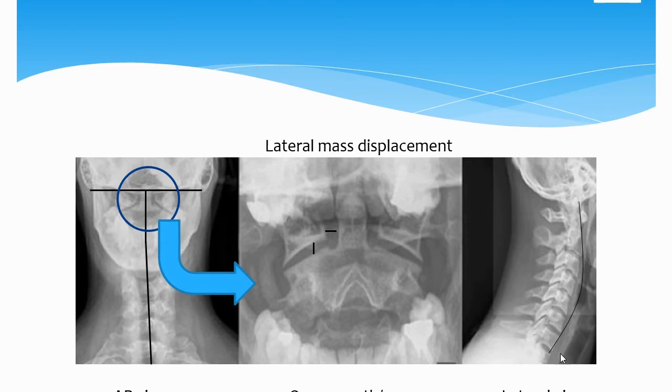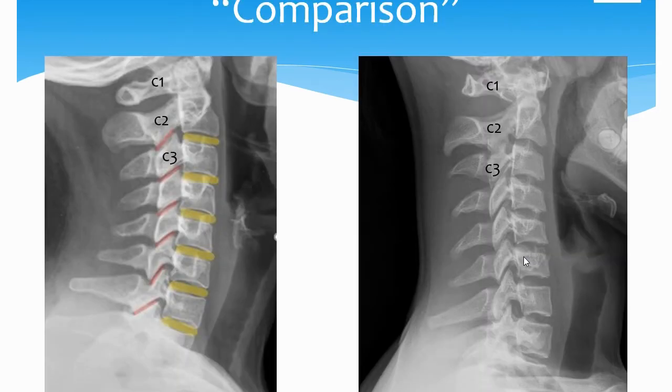Here is the lateral view. We have the line right here, which is associated with the curvature of the cervical spine, and there are different ways of looking at that curvature. If you look at the cervical spine lateral view, there are several things that are important for us to study.